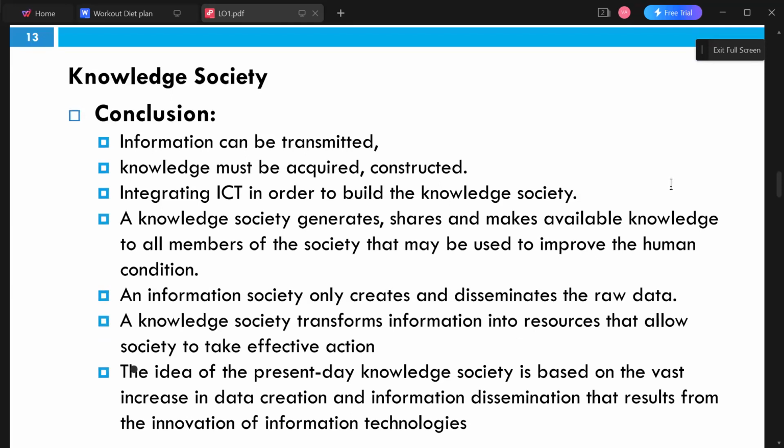To conclude, with information we can transmit. Knowledge must be acquired or constructed and integrated with ICT in order to build a knowledge society.